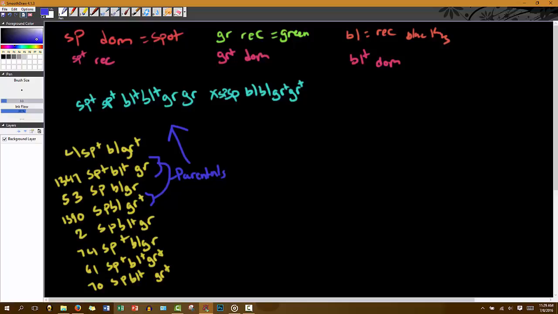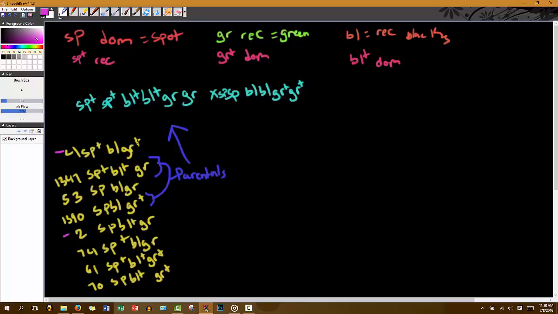So now they want us to map the genes, find the distance between the three. If you look at the smallest two, this one and this one, and you look at the parents, you see that the one that changes between them is SP.